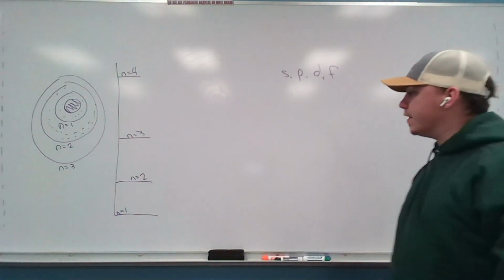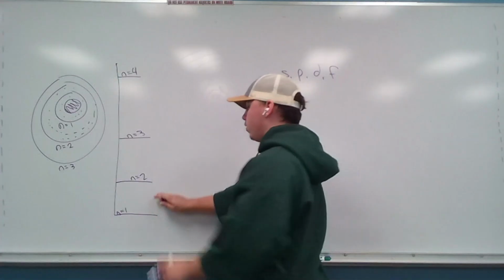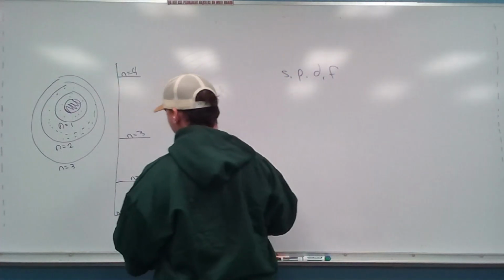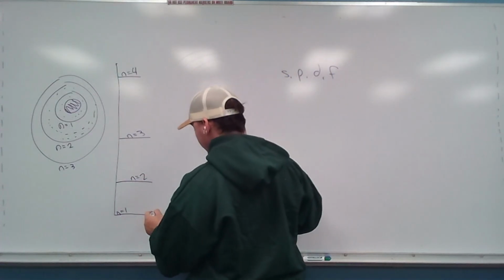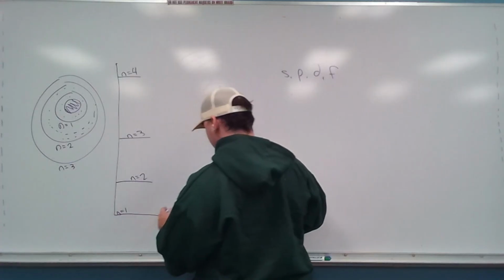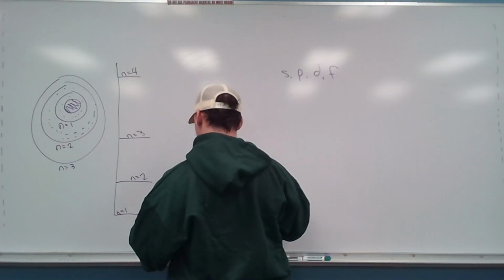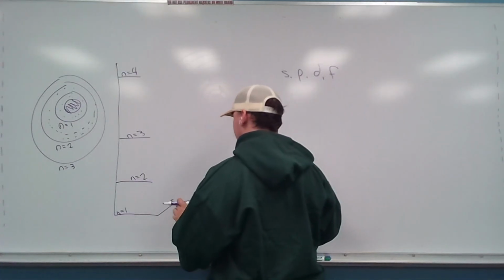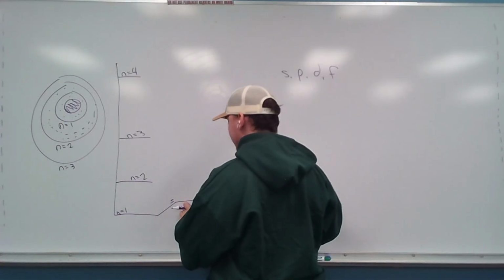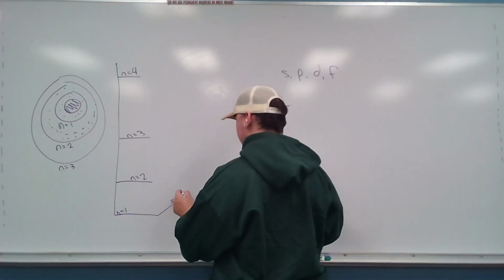So within the n equals 1 shell, all this space is the shell, we're going to have one subshell. This is going to be S. Now within this subshell, we're going to have a compartment, a box.